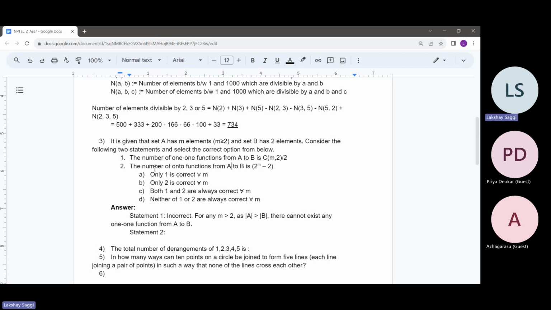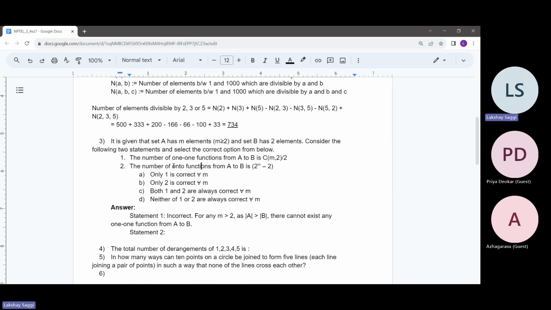So to find the number of onto functions, we take the total number of functions and then subtract the number of functions which are not onto. Instead of directly finding the number of onto functions, we just find the number of not onto functions and subtract them from the total number of functions.